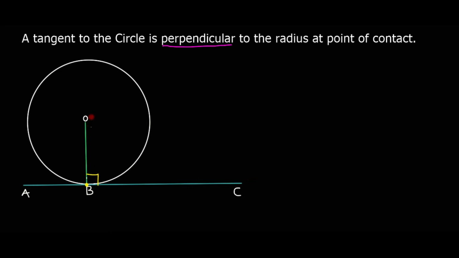So in conclusion, OB is perpendicular to AC because of the tangent. It is straightforward. Every time a radius touches the tangent, that radius is perpendicular to the tangent.